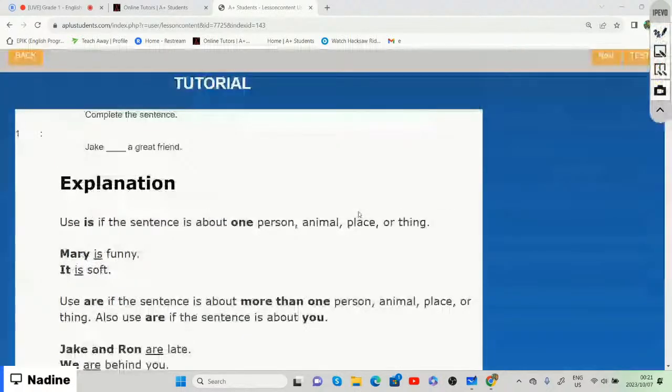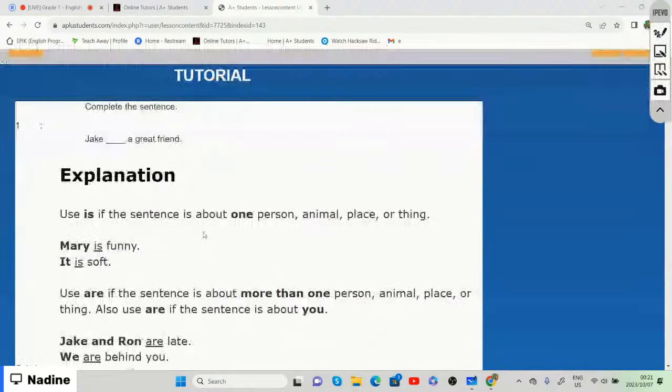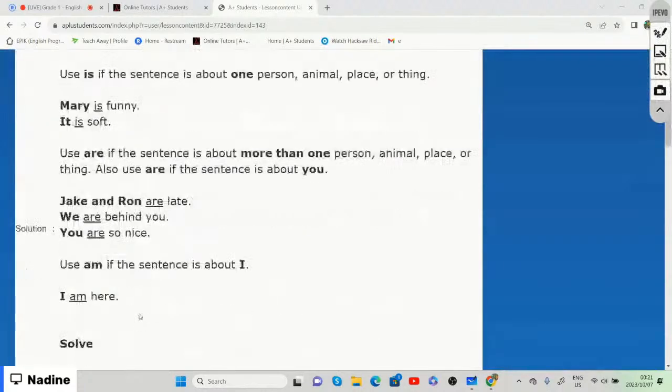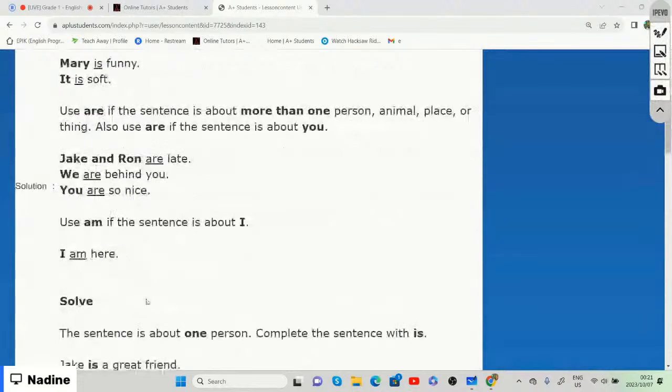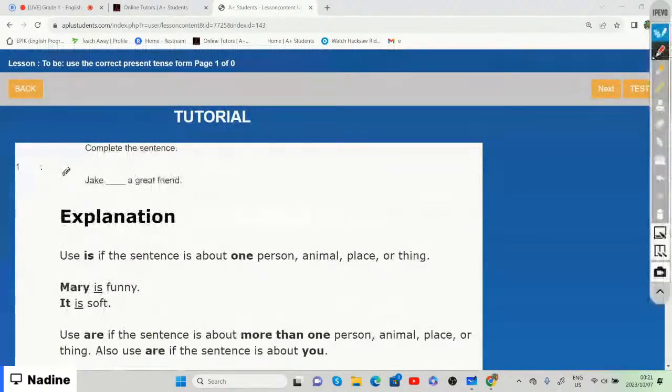All right, so now we're going to complete the sentence by using the correct word, which is either is, am, or are. Jake, a great friend. Jake, referring to one person. We need to choose one of these words.